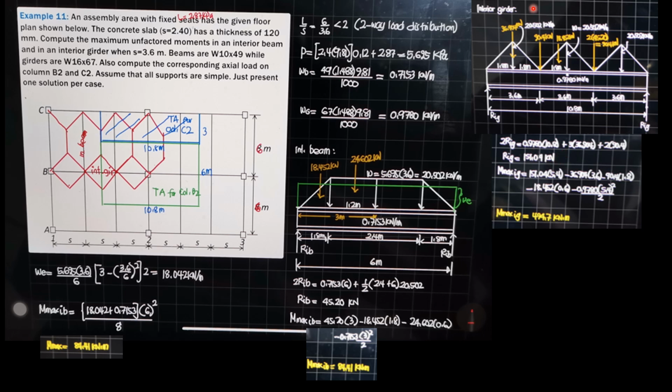So summation of forces in Y equals 0, 2 times RIG equals 0.978 times total length of the girder, which is 3.6 times 3, 10.8. Then plus, there are 3 triangular loadings. Each is equal to 36.904.